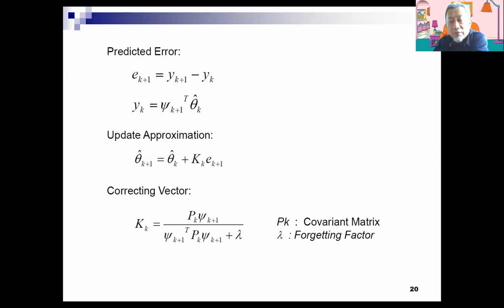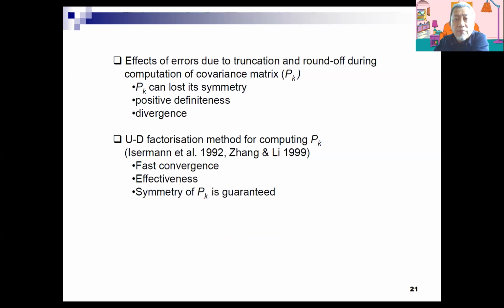The effect of errors due to truncation and round-off during computation of the covariance matrix PK is shown here, with the UD factorization method for computing.